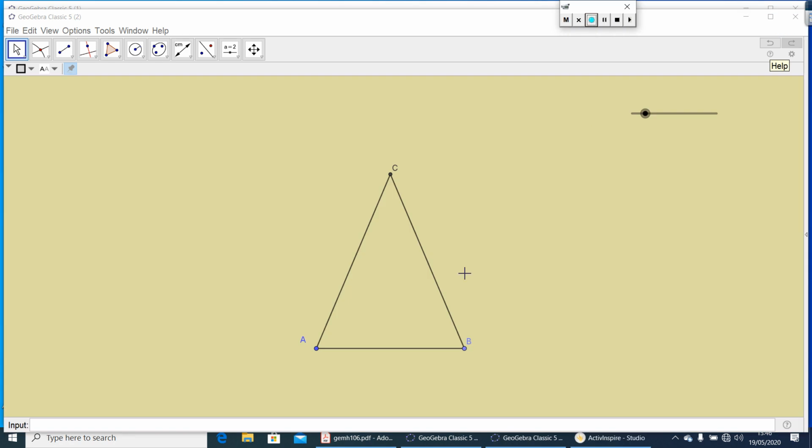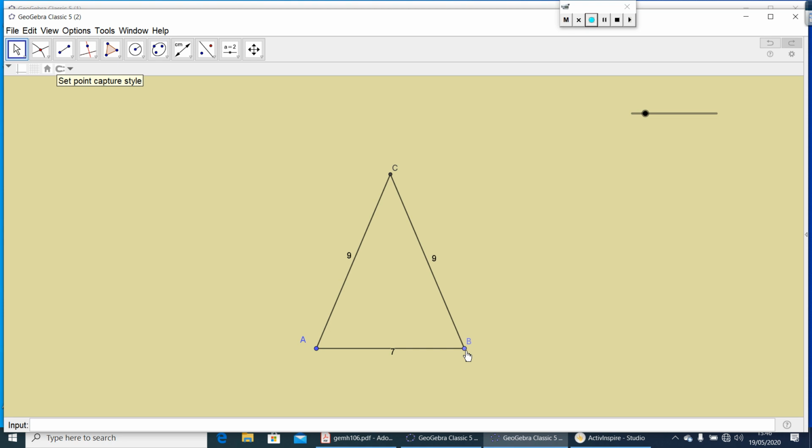Here again you have another triangle ABC. Now let me measure the length of the sides. Here it is 9 units, AB is 7 units and BC again 9 units. Here you can find two sides having the same length.